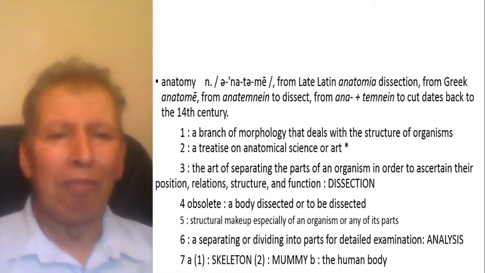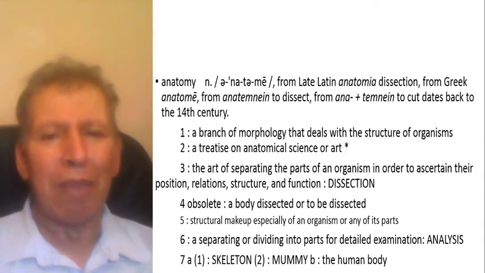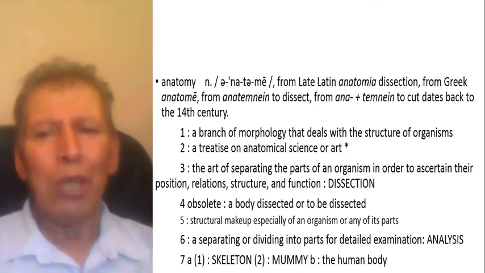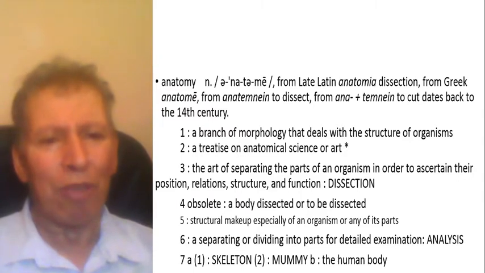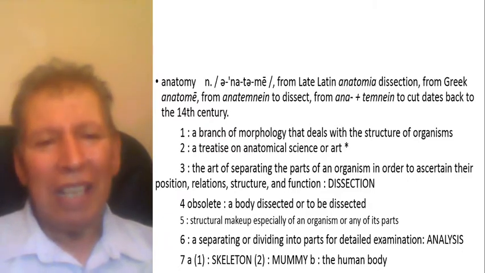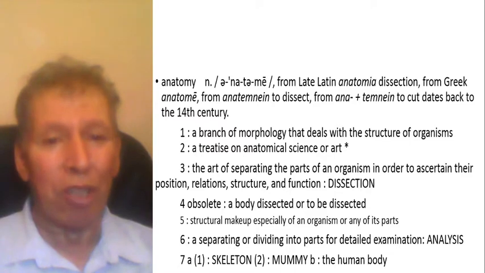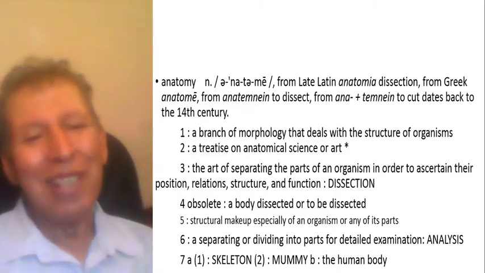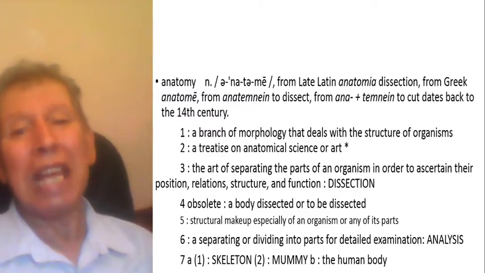Number 3, anatomy is the art of separating the parts of an organism in order to ascertain their position, relations, structure, function. It means dissection. Doesn't it have some similarity with deconstruction? It has something to do with structuralism, but also with deconstruction. So we are deconstructing to understand.